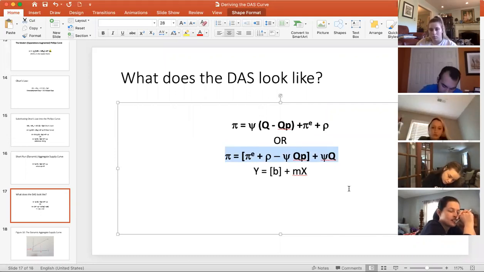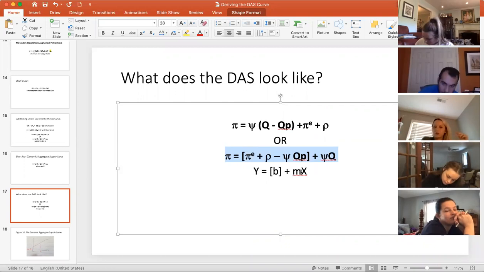What does that look like to you? There's two components here. There's the pitchfork, and there's this block of stuff. If you think about this as a straight line, this equation is in the form of y equals b plus mx.